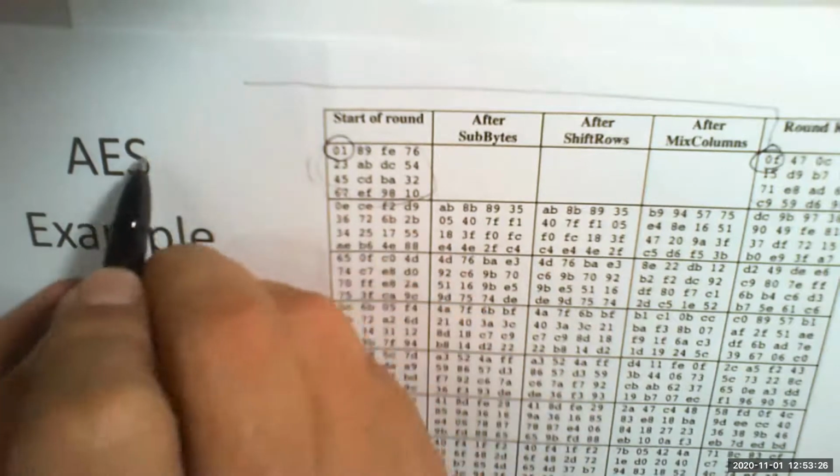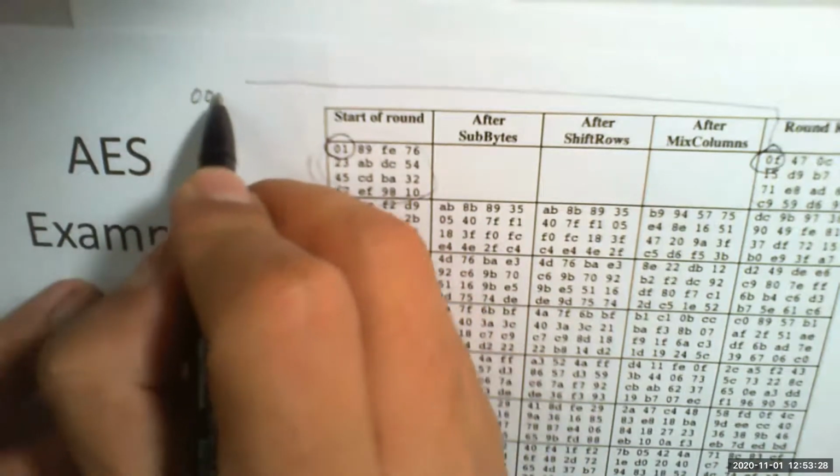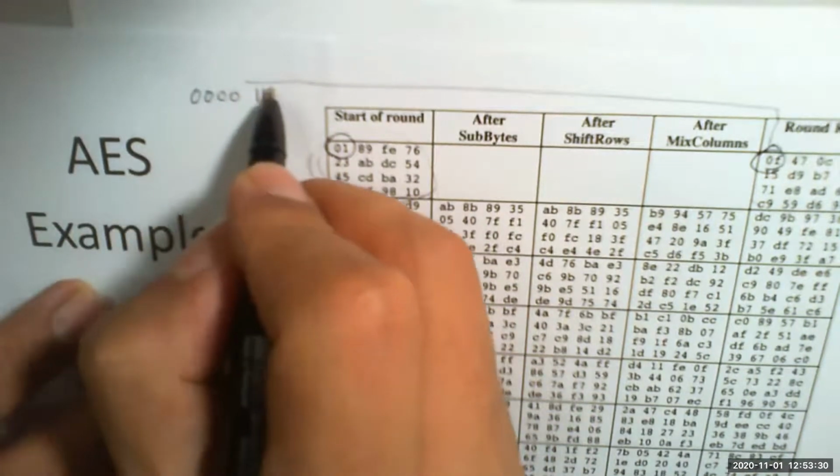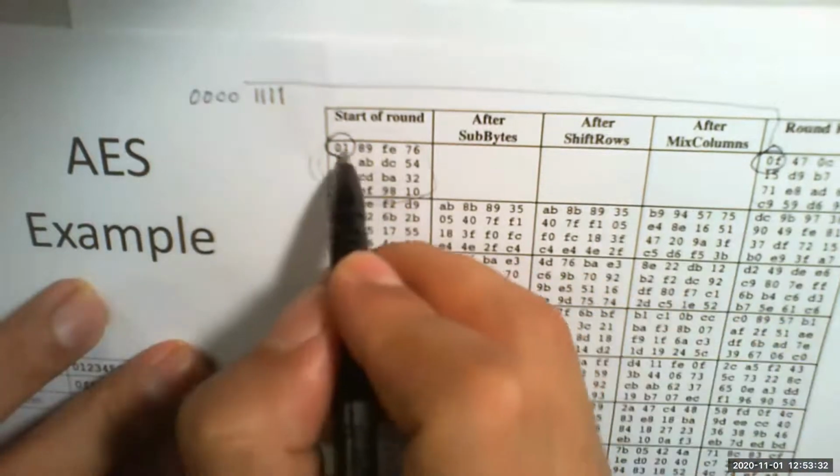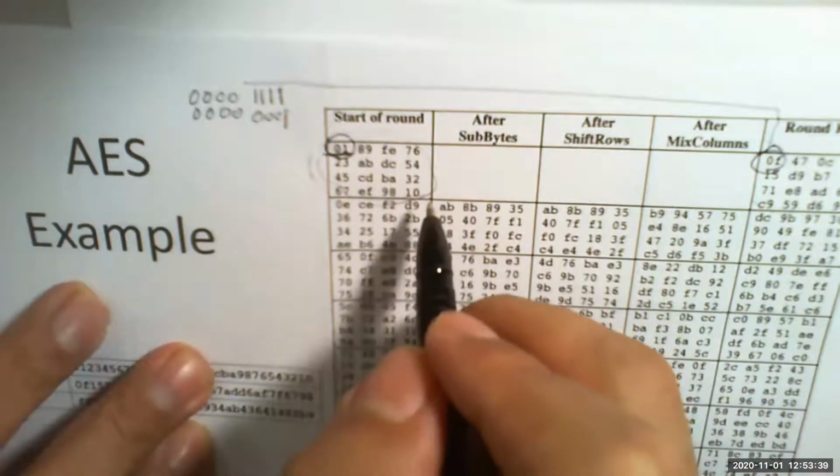Here, the first step is the add round key. The add round key is just a simple XOR operation. 0f is 0000 1111, and we XOR it with 01. I convert from binary to hexadecimal.